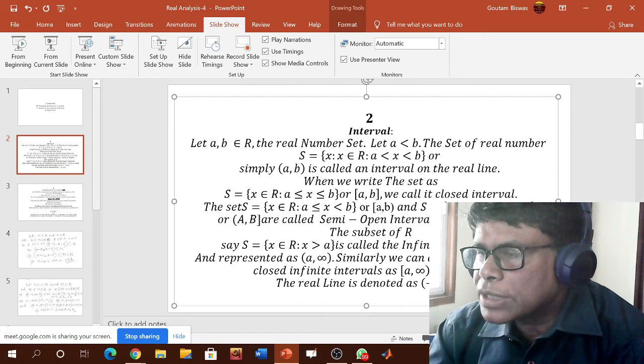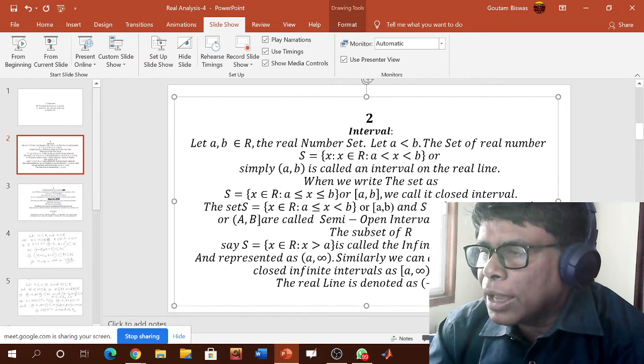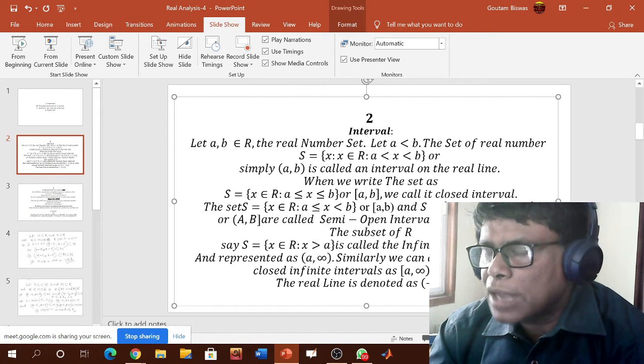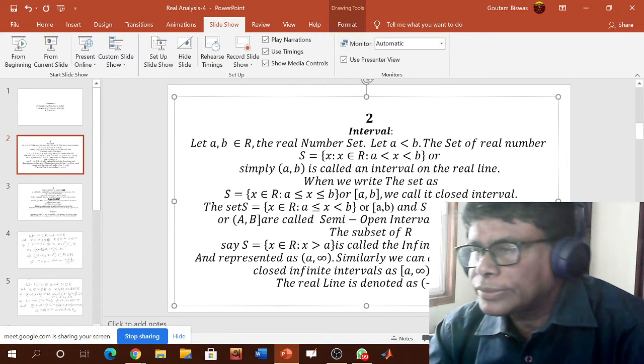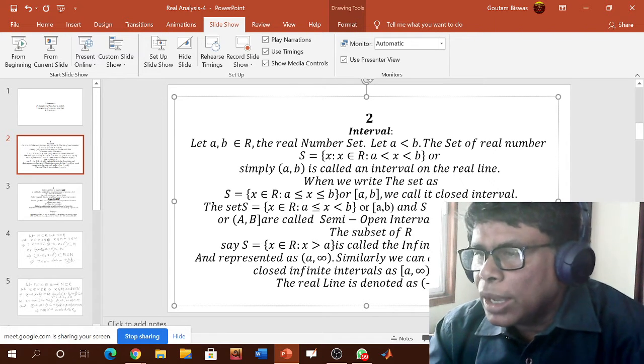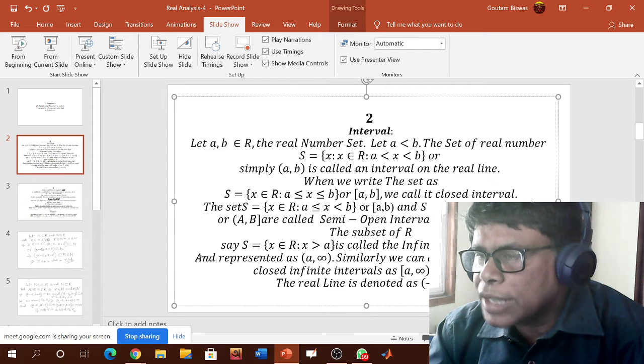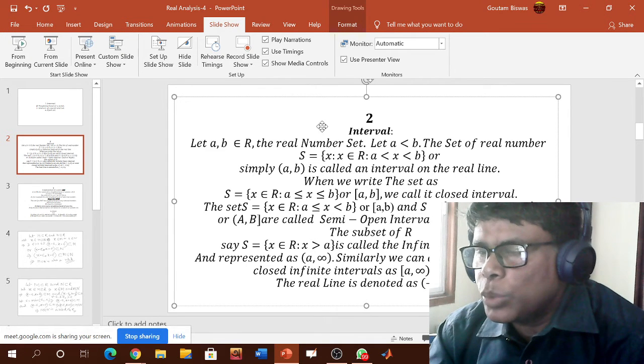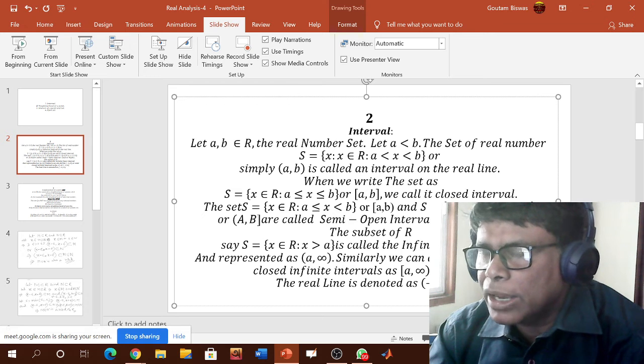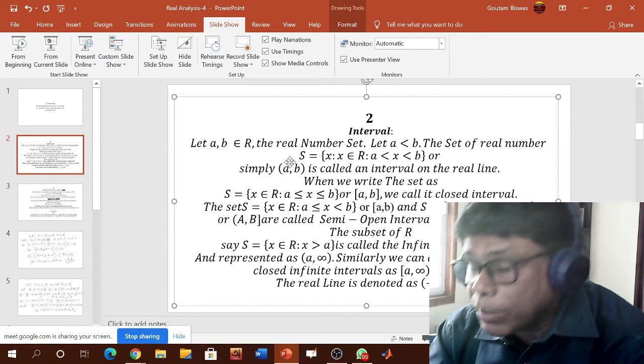Similarly, this can be minus infinity to B, so all numbers less than B, up to minus infinity. It can also be semi-closed. Okay, so the real line is denoted as this one. So this is the way we are representing intervals in our real number set.